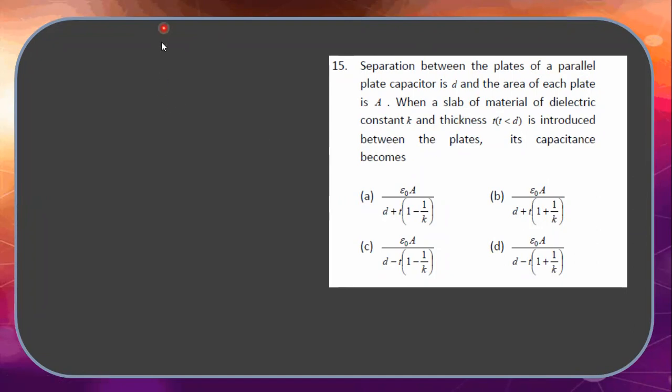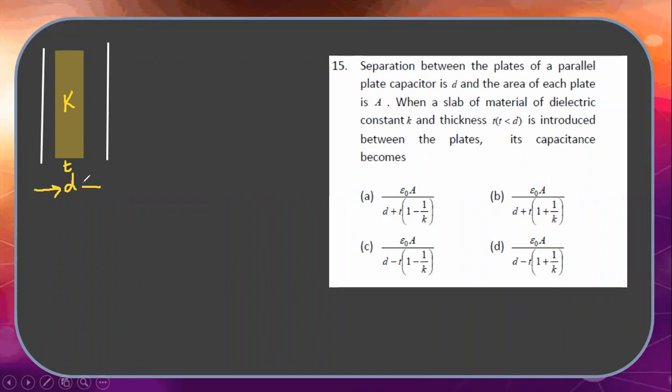The distance between the plates is D, the potential is V, and the area of each plate is A.